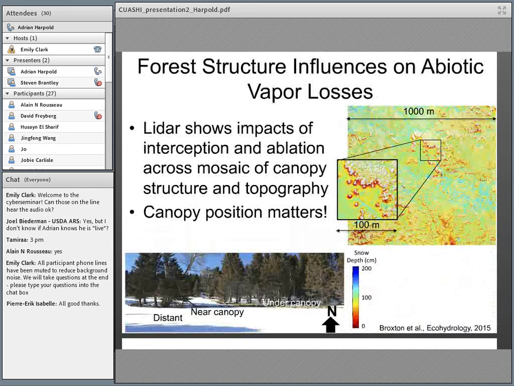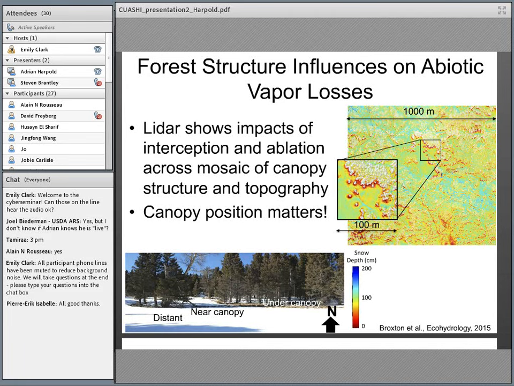And when we start to look at real landscapes, that simple classification of forest canopy cover starts to break down. This figure that I'm showing here is a LiDAR-derived snow depth map over a 1 square kilometer area, where shallow snow depth is in warmer colors bleeding into cooler colors at the higher snow depths, and the white areas are occluded areas of vegetation canopy.